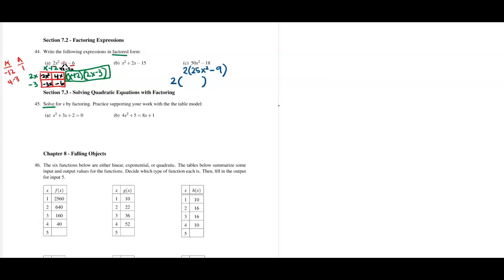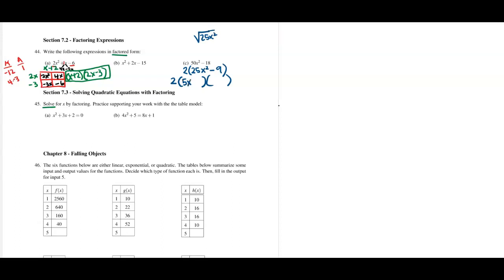All right, and then I'm going to go ahead and just write down my parentheses here, because remember we said with the difference of squares, we'd be basically taking the square root of both of those numbers inside there to figure out what our answers are. So if I did the square root of 25x squared, that's 5x.